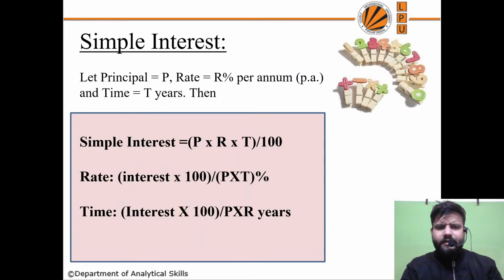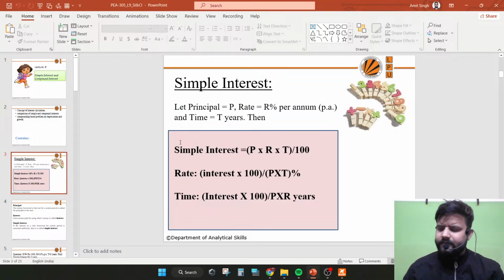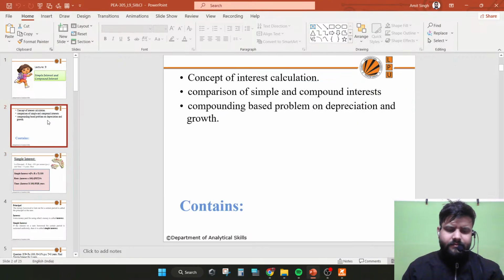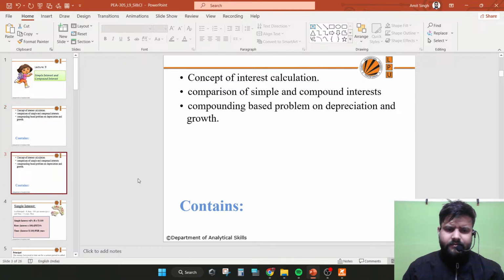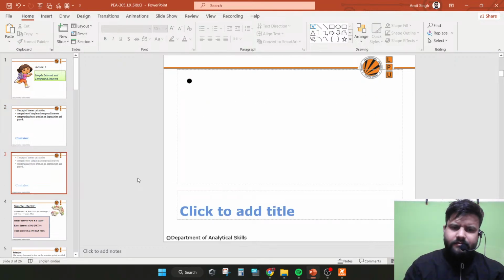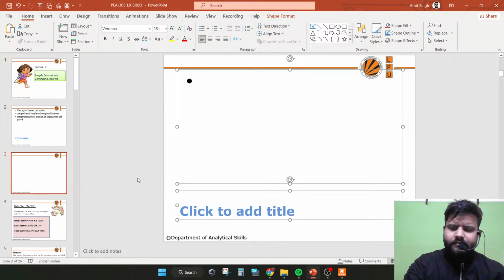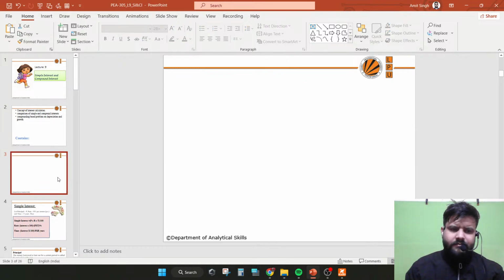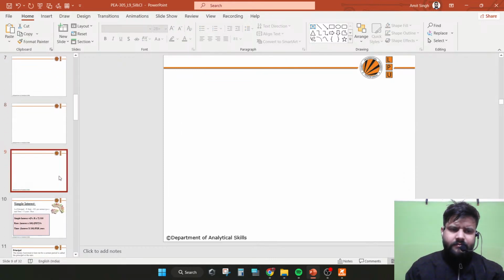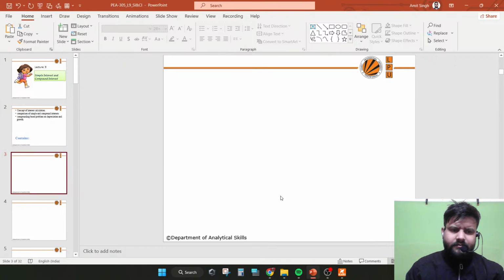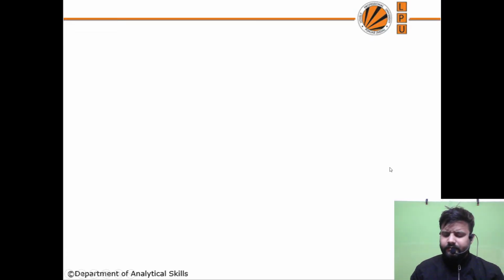Okay, let's see how the basics work in this. On one side I'm writing simple interest, on the other side it is compound interest. Now let's see how it works.